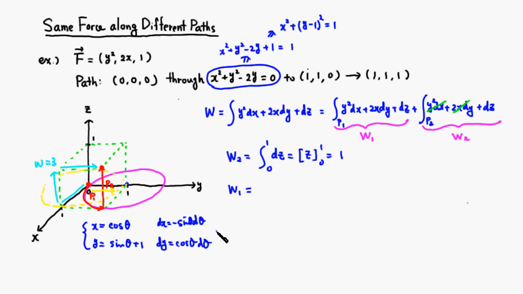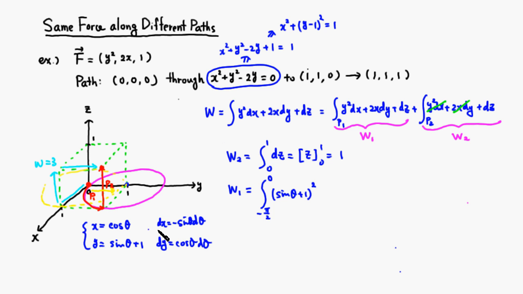So along this circular path, we just have an integral, where theta goes from negative pi over 2 to 0. Y squared would be (sine theta plus 1) squared.